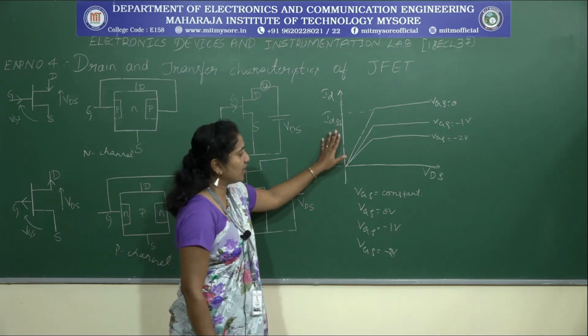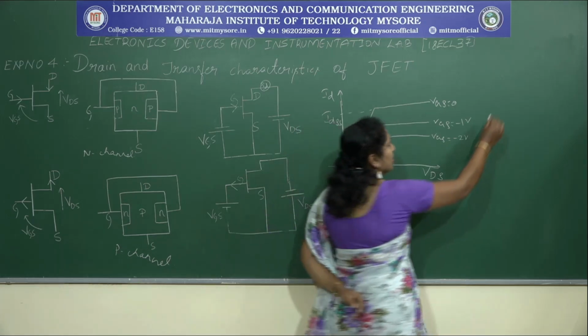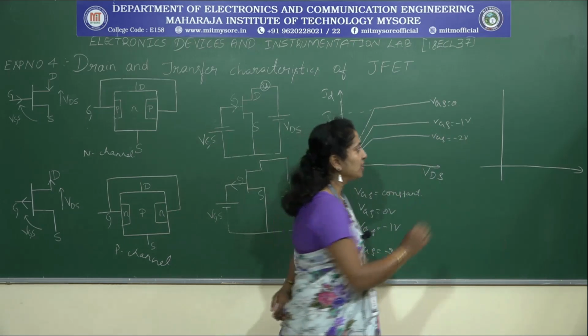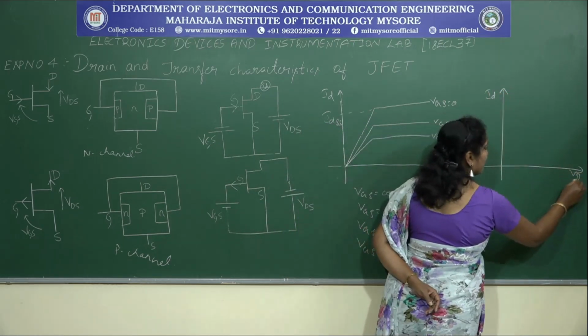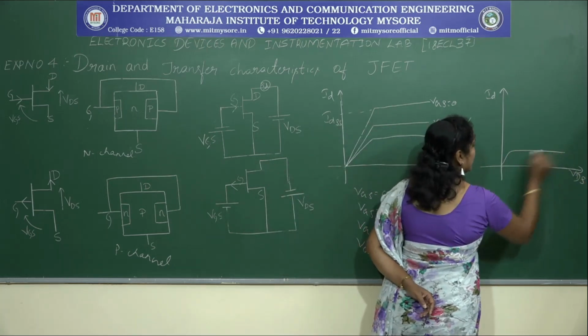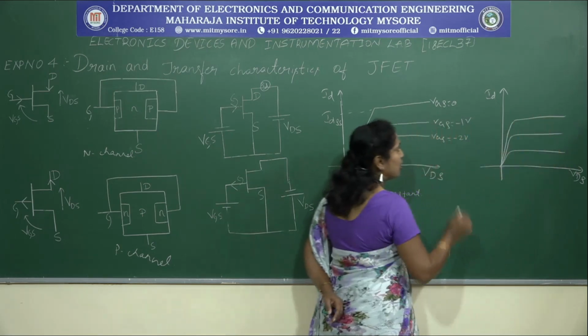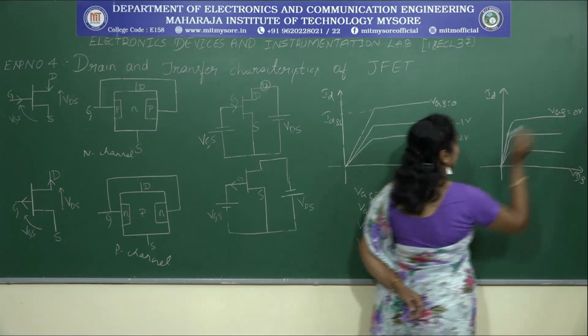In the same way, this was for the N channel JFET. You apply the same for the P channel JFET. The curve is ID versus VDS, and you get the same output characteristics, but here the first one is VGS equal to 0 volt.